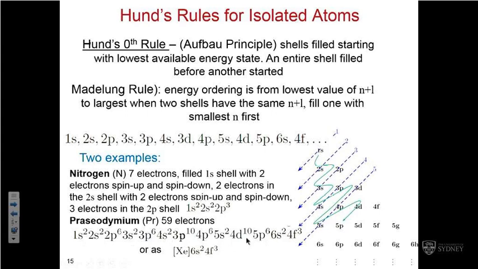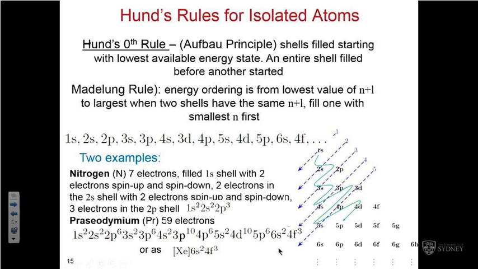You can verify yourself that this ordering follows the picture we have for filling the orbitals. I must say that there are some atoms that don't precisely follow this ordering, so there are some exceptions to this filling rule.